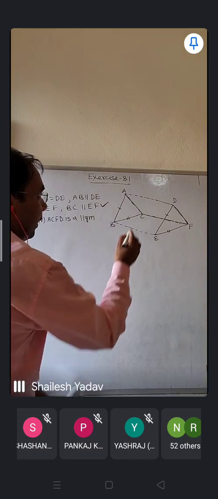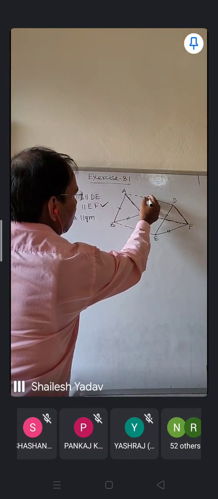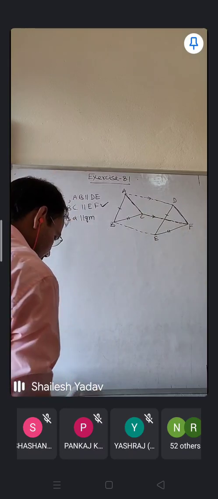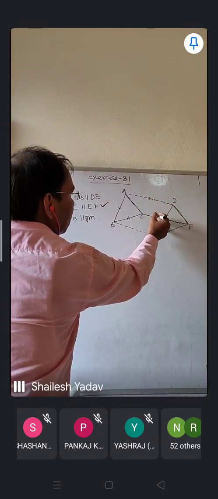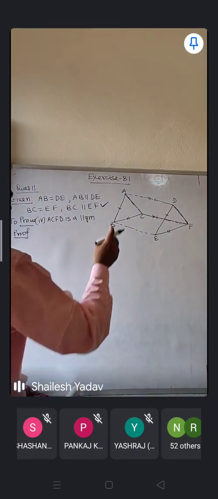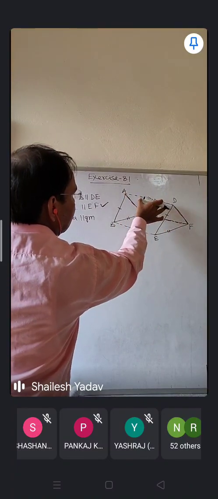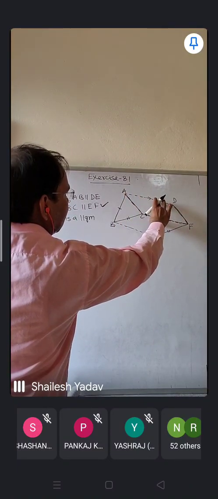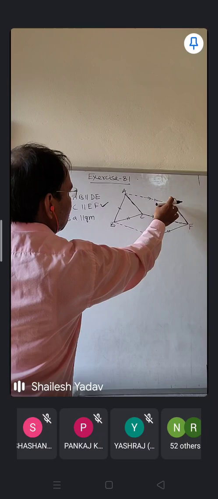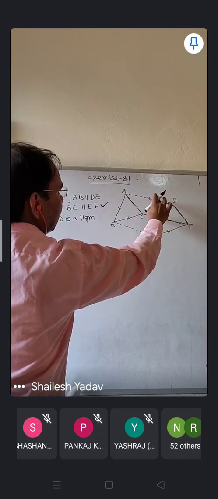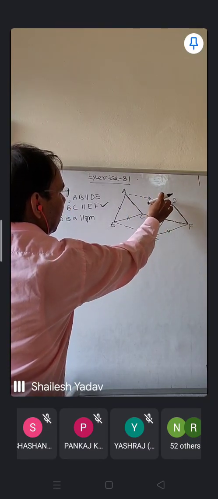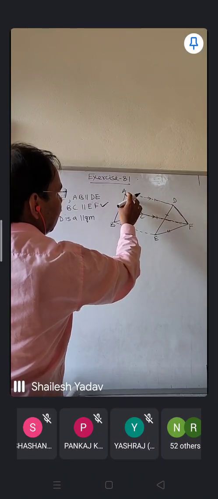So students, kindly see the third part. In the third part, you had proved that AD and CF are parallel and AD and CF are also equal. So in ACFD, AD and CF are parallel and both are equal. So again, it is going to follow theorem 8.8. According to that, if in a quadrilateral one pair of opposite sides are equal and parallel, then it will be a parallelogram.